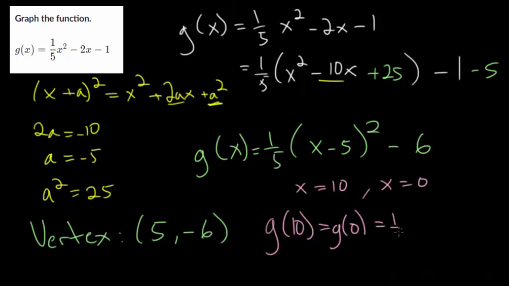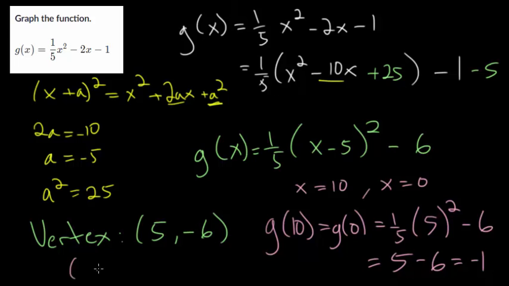Let's do 10. And so that's 10 minus 5, which is 5 squared. And 5 squared is 25, and 25 divided by 5 is just 5. So I get 5 minus 6, which is negative 1. So I just found two other points at 10, comma, minus 1, and at 0, comma, minus 1.